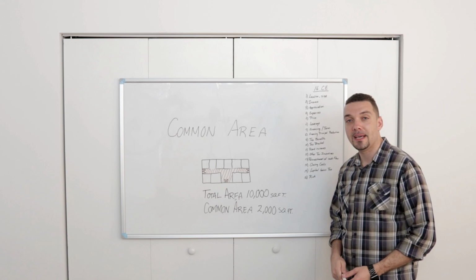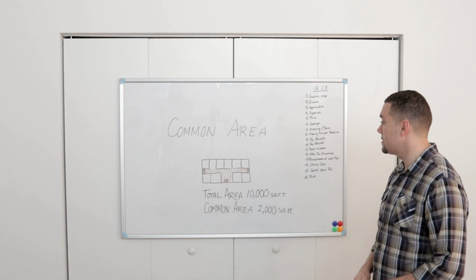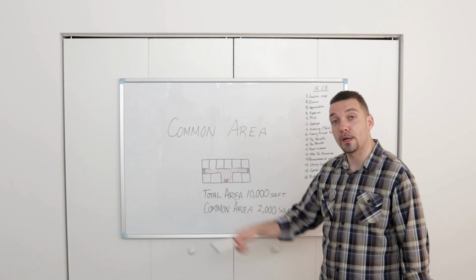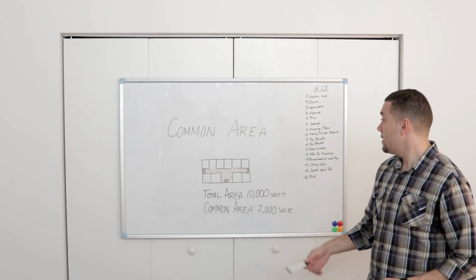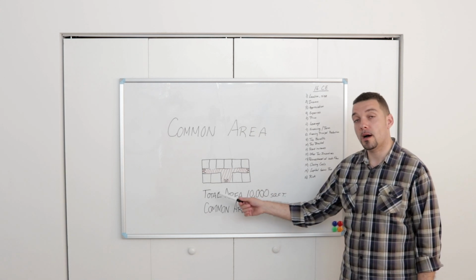And as we look into our criteria here, if you haven't seen my other video where I break down each one of these 16 items, if you're buying this building as a whole, you need to understand what the common area is.